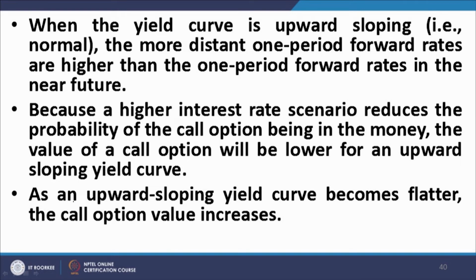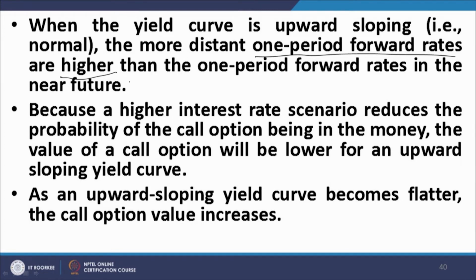When the yield curve is upward sloping, the more distant 1 period forward rates are higher. I have just explained this by virtue of that example. The more distant 1 period forward rates are higher than the near forward rates or less distant forward rates.